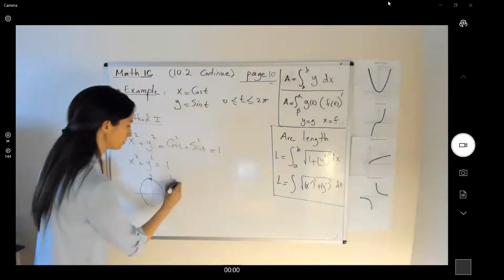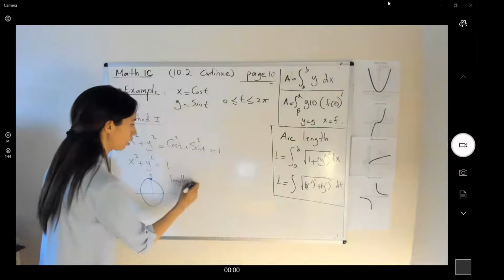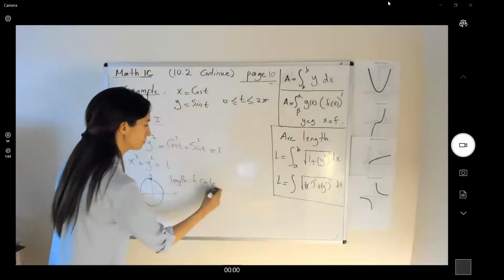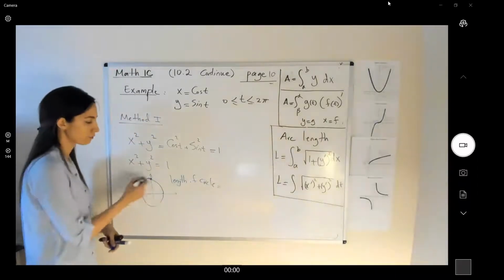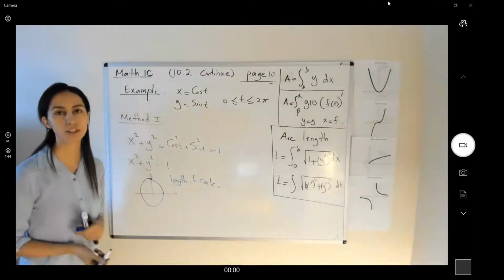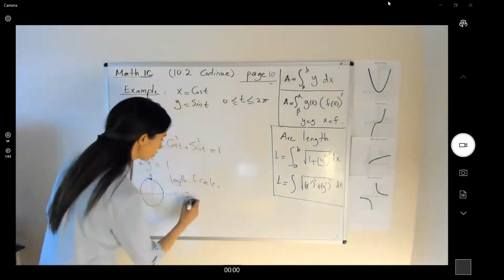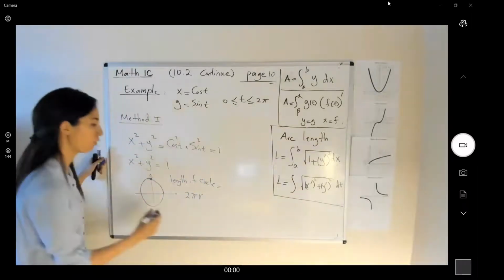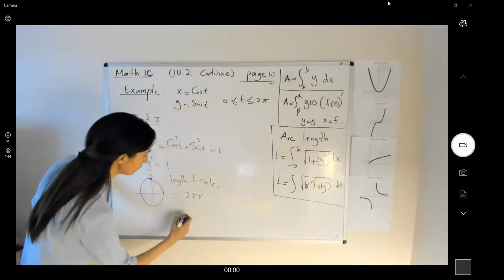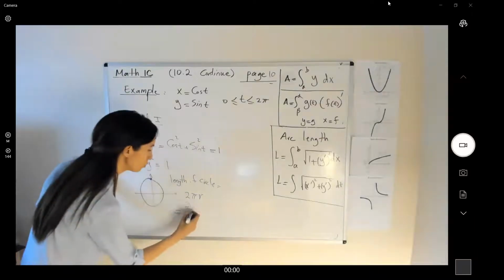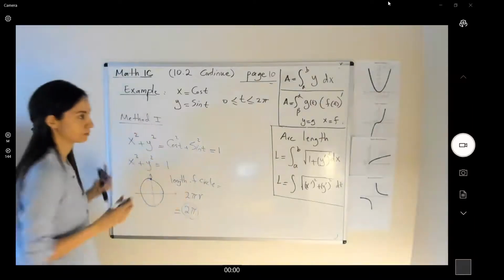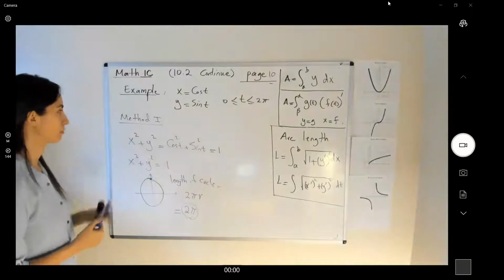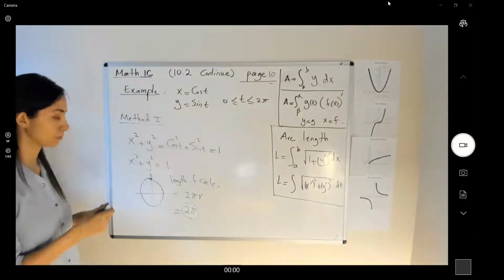The length of the circle is actually the circumference of this circle, which is 2 pi r, and we already know that r is equal to 1. So this curve has a length 2 times pi. This is the first method for you.